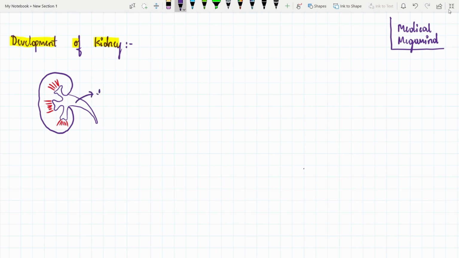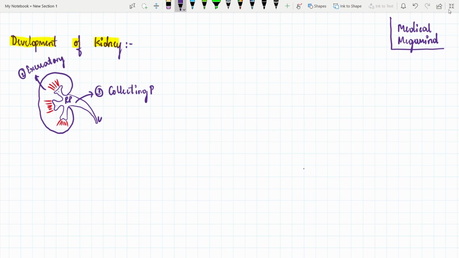One is the collecting part. The collecting part consists of the ureter, renal pelvis, and major and minor calyces, right? And another one is the excretory part, which consists of nephrons.